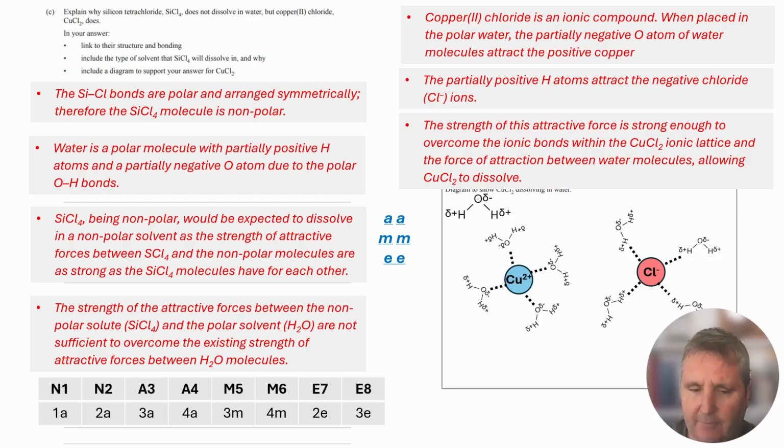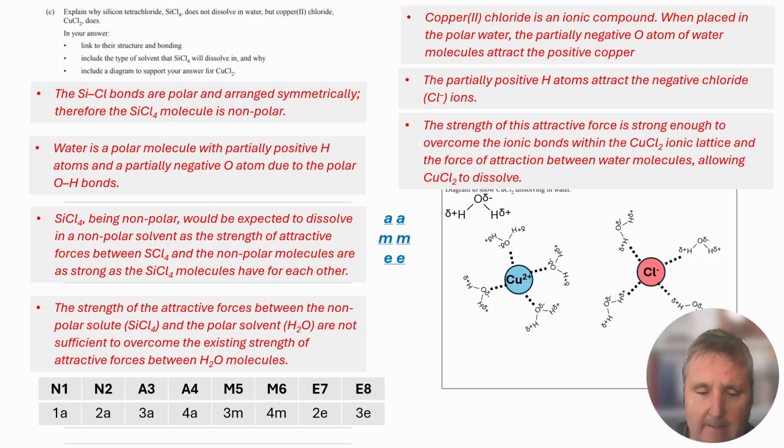The first part, for the silicon chloride with the non-polar and the polar, is quite a high bar to get over. But look, you should have practiced how to justify why ionic solids can dissolve in water, and you should be getting an excellence grade there if you're quite careful with your explanation.